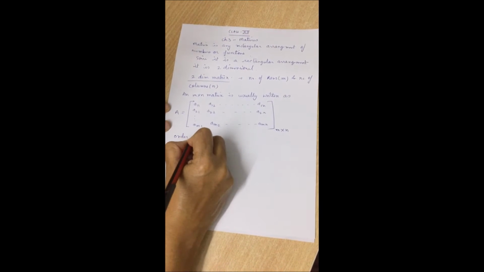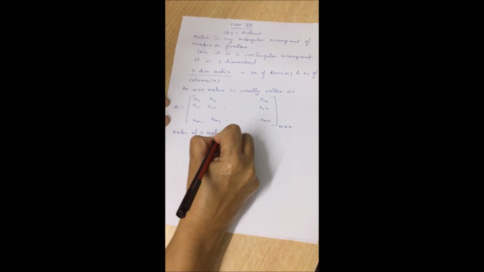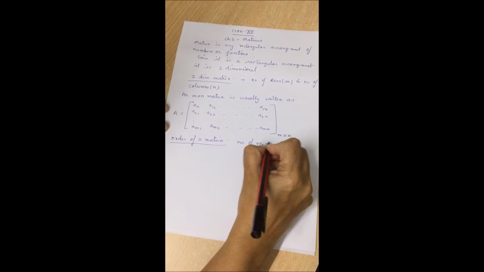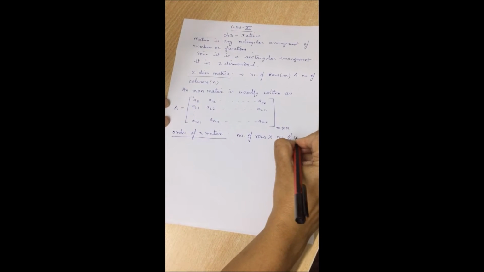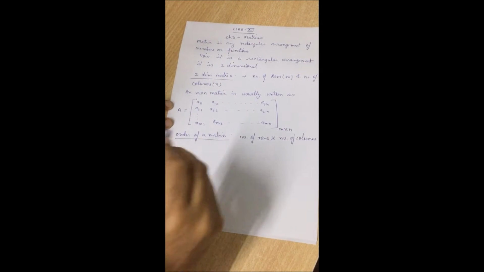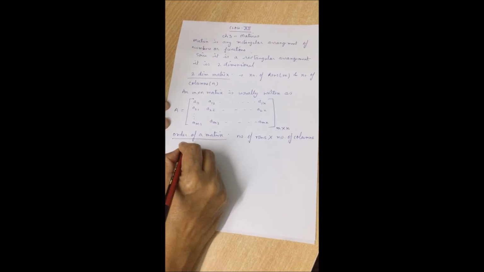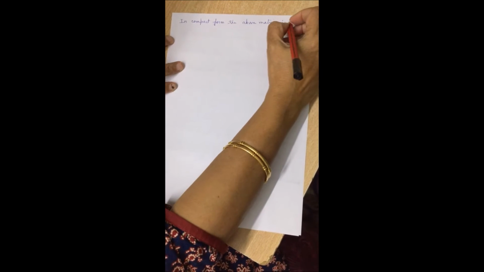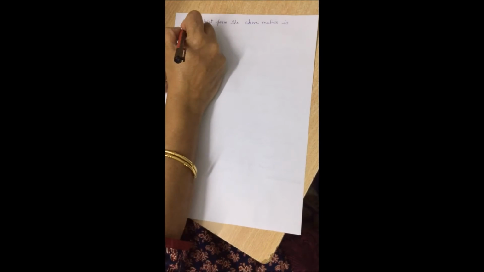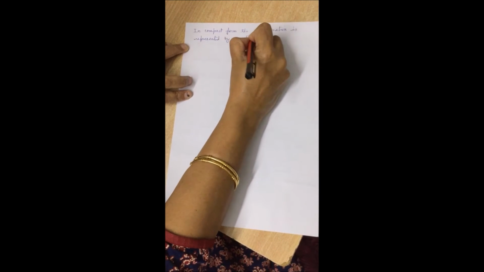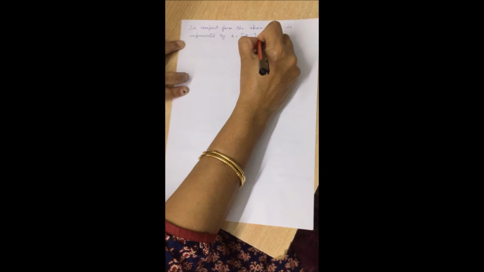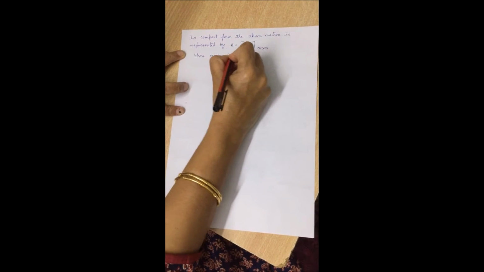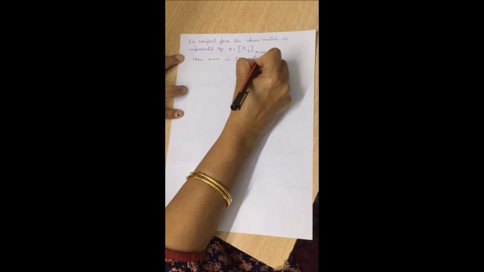What do we understand by the order of a matrix? The order of a matrix means number of rows multiplied by number of columns. That means the order of the above said matrix is M by N. In compact form, the above matrix is represented by A equal to Aij M by N, where M by N is the order of the matrix.